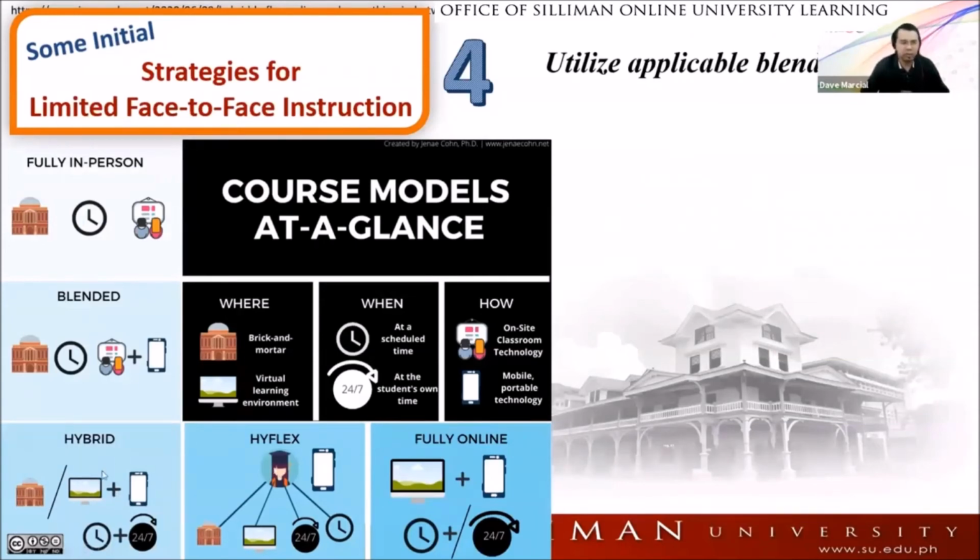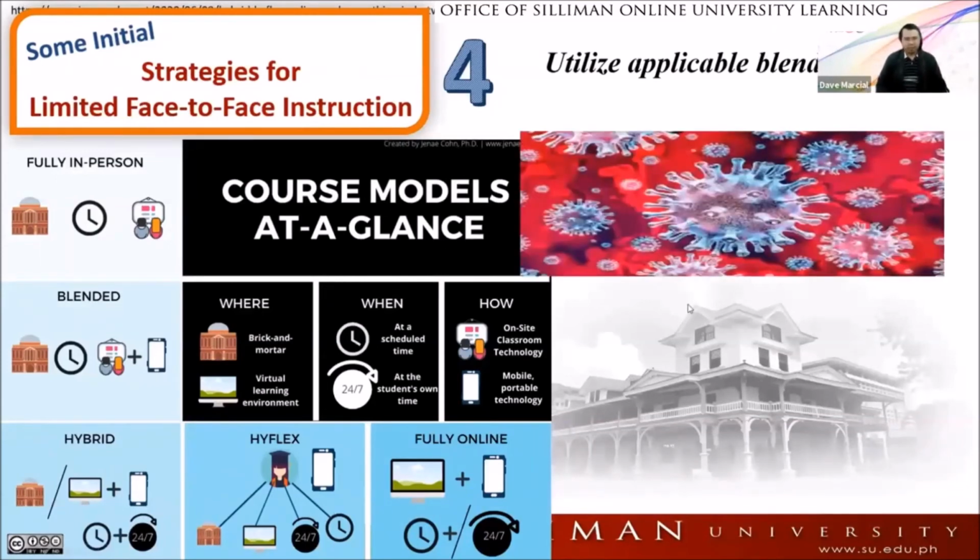So, for you to be able to cater to the two, do high flex or hybrid flexible type of learning, meaning students can learn in campus or in person, and students also can learn online.